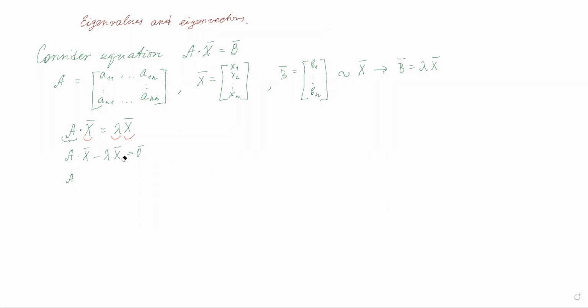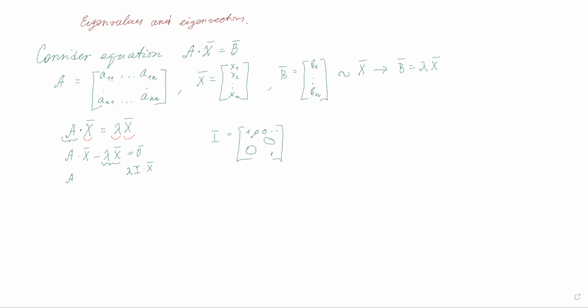So to avoid this difficulty when modifying the equation, I'm going to represent this product as lambda I multiplied by vector x. What is I? I is the identity matrix. I'm going to write it down. In this case, it's an n by n matrix, which has ones on the diagonal, and everything else is 0.